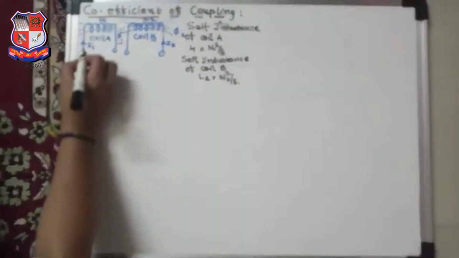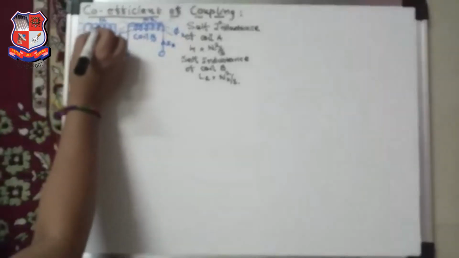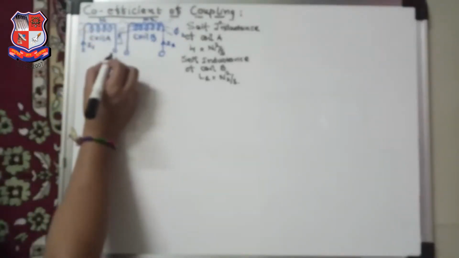Now when a current I1 is flowing through coil A, flux is set up around coil A. When a current flows through any conductor, a magnetic field is produced around the conductor.